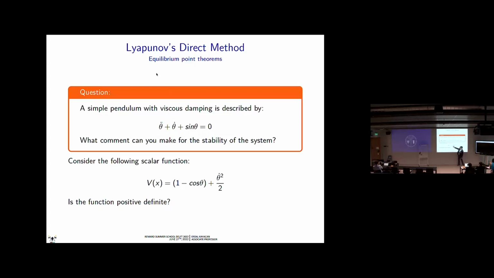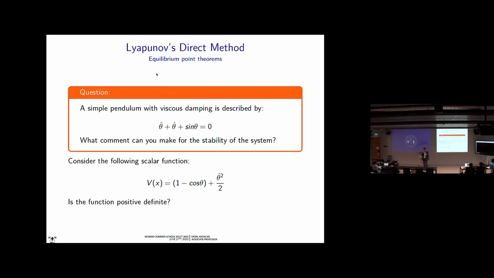And what is the maximum value of this function? Cosine will change between -1 and +1. So if it is -1, it's going to be 2, a positive number. If it is 1, then it's going to be 0 and it's going to be positive again. So this function is definitely positive definite. So it's a candidate Lyapunov function.